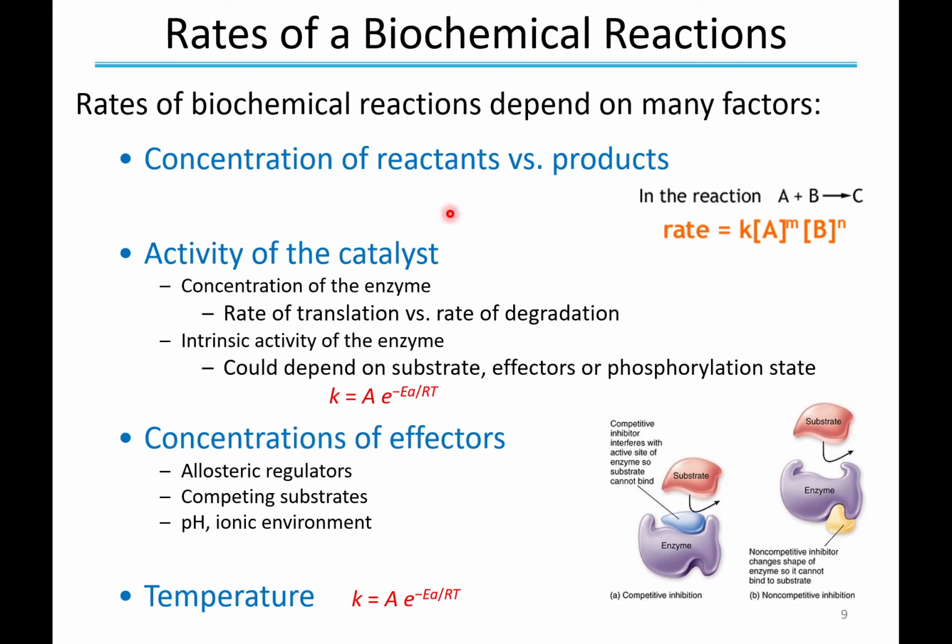The concentration of reactants and products can be a factor in determining rate. If you think back to the general rate equation, if we have the reaction A plus B going to C, that rate's going to depend on the rate constant, but also on the concentrations of the reactants. So how available the reactants are can influence the rate.